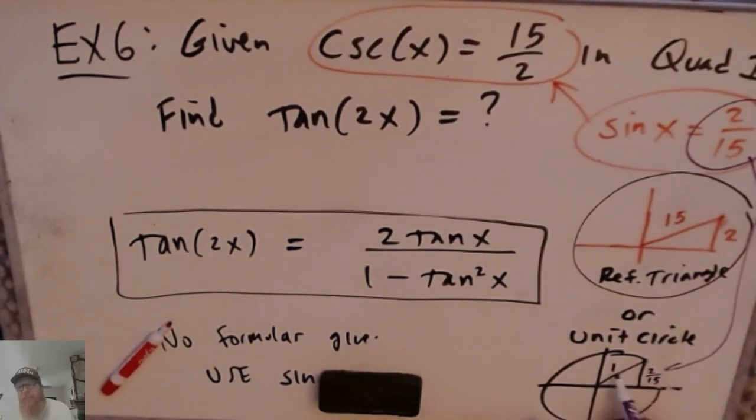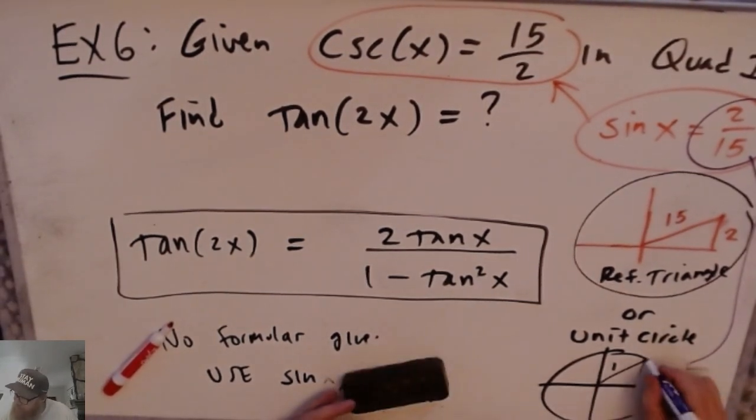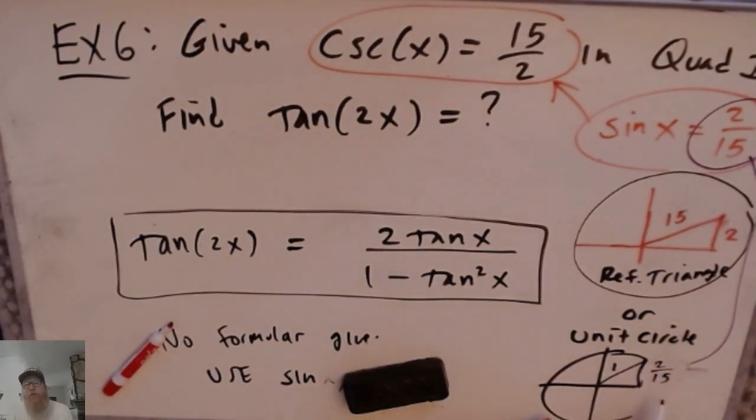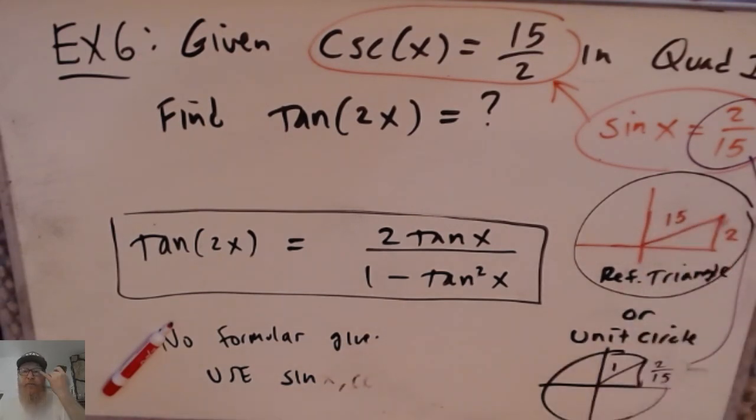And I don't like doing it this way unless I absolutely have to, mainly because, you'll get the same answer either way, but oh, it's so messy to have these fractions, 2/15 and so on and so forth. The main difference is the size of the triangle. I'm just going to use a reference triangle where the hypotenuse is 15.